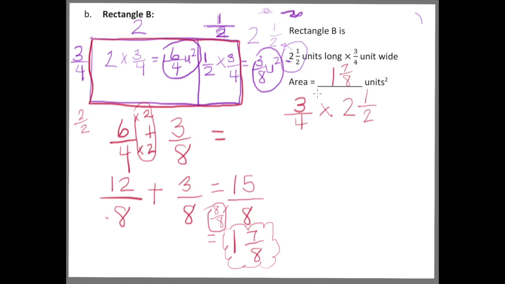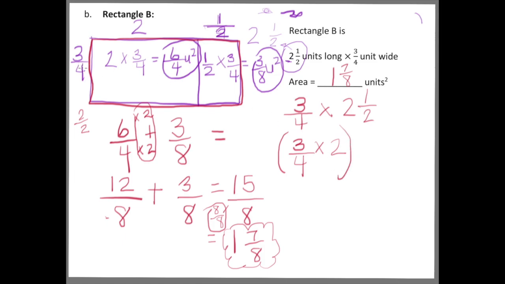3/4 times 2 1/2 is the same as 2 1/2 times 3/4. It does not matter which way we multiply that. Let's use the distributive property and think about what this means as far as our mixed number multiplication goes. 3/4 times 2 1/2 is equal to 3/4 times 2.